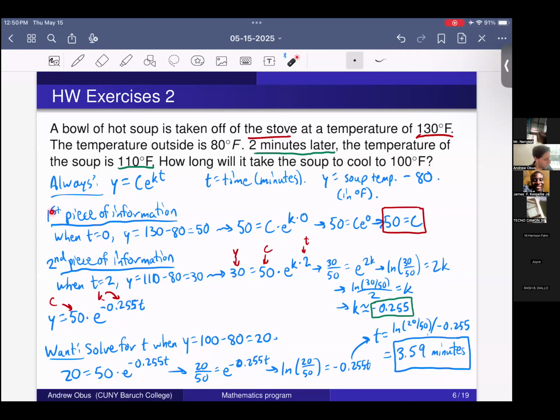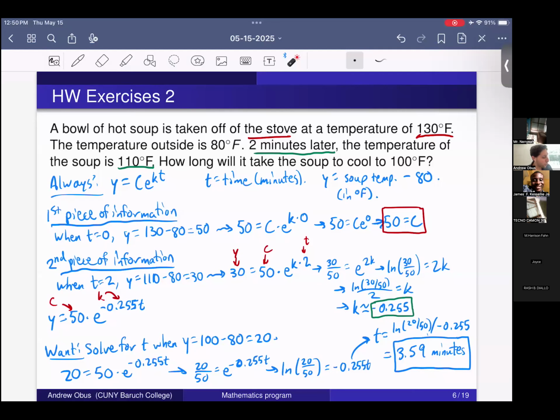So the point is that the two pieces of information are what let us determine C and K. And once we've determined C and K, now instead of just writing this general equation, which governs all exponential decay or growth, we have a specific equation that says this is how this soup cools.